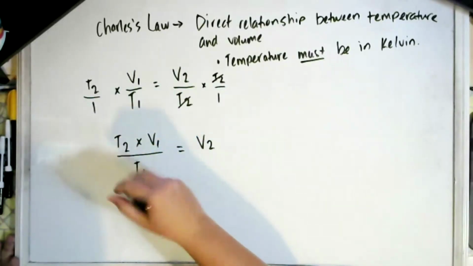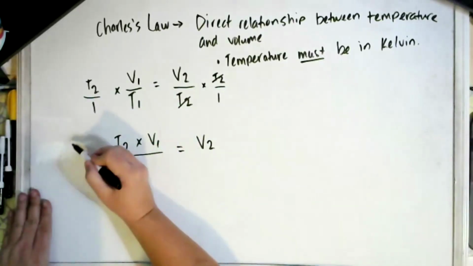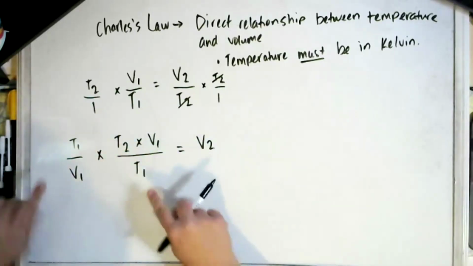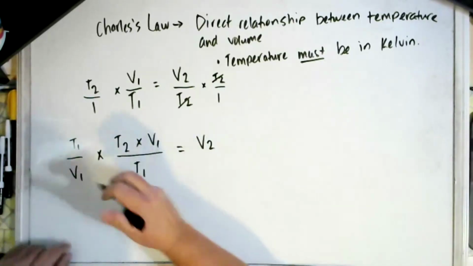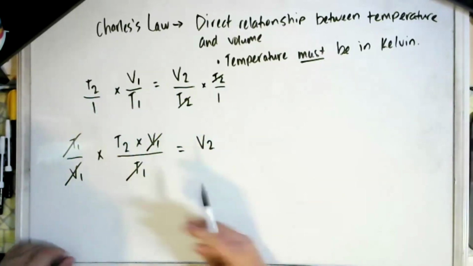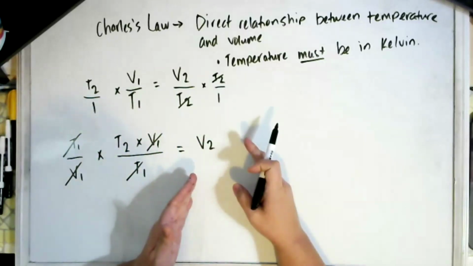So if we take this side and we multiply our terms on the left by T1 over V1, that means that these things will cancel out on this side. But whatever we do to one side of an equation, we have to do to the other side.